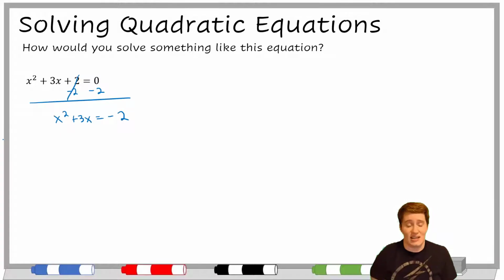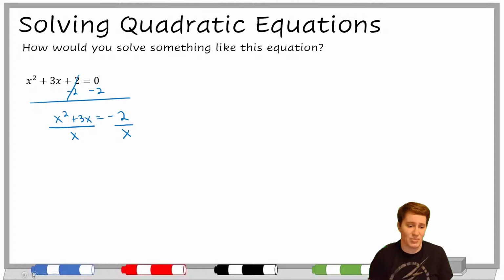We cannot add x squared and 3x together and get a single x. We're not allowed to divide by x because of a lot of reasons, but that's not a thing that we do to solve equations. So we can't do that.